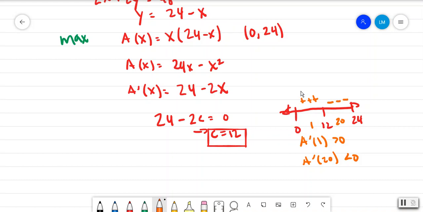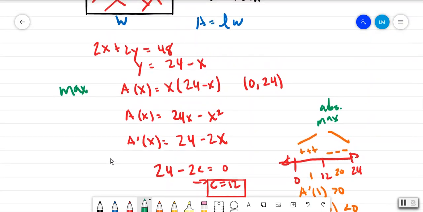Now what this means is that the function actually does increase towards 12. So that means that there's a max. But more specifically, there's an absolute max. Okay, so we can maximize the area if we let the length be equal to 12.